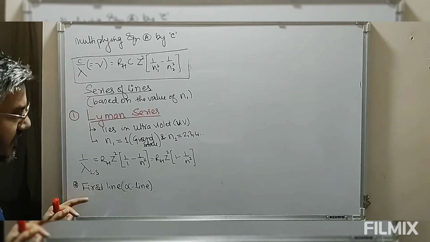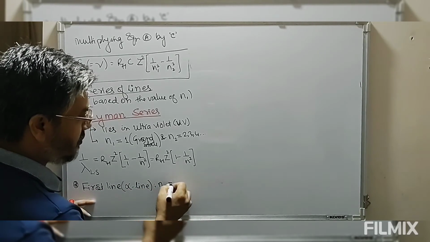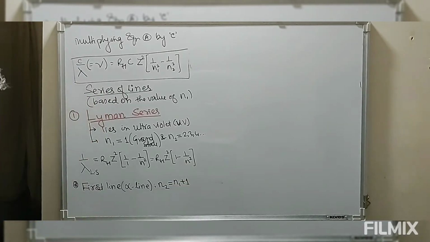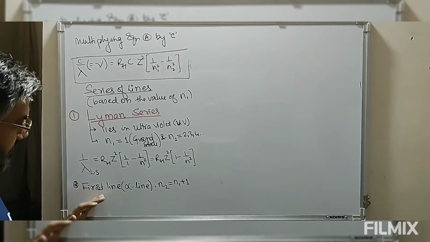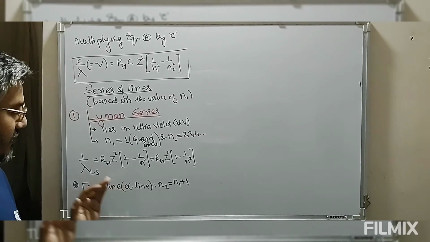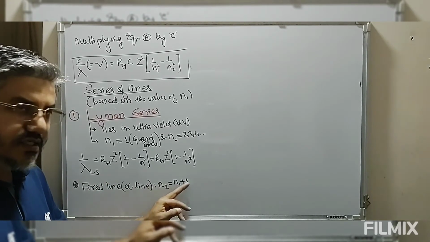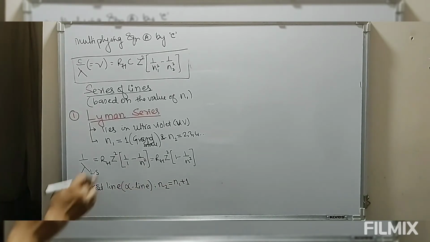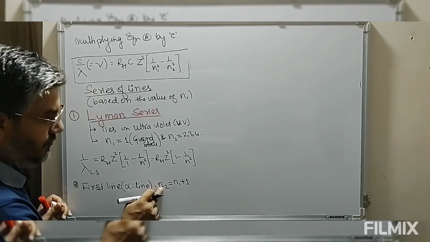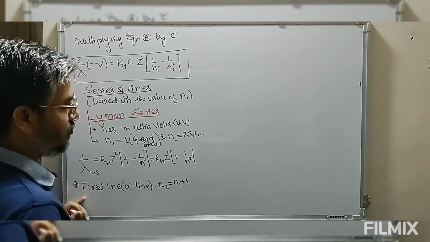For the first line, the alpha line, the value of n2 will always be equal to n1 plus 1. So for this Lyman series, n1 is 1, so n2 for the first transition, or alpha line, will be 1 plus 1, that is 2.